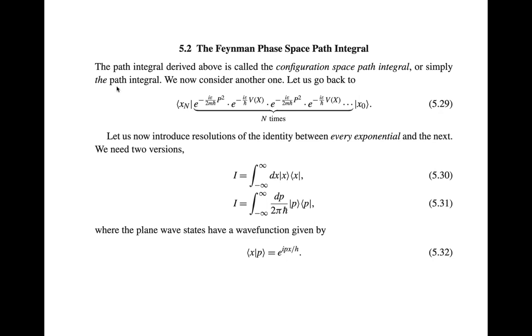So now we consider another one. Let's go back to this. This is basically U(x0, xN, T). This describes the propagation and the evolution from position x0 to position xN during the time period T, right? So let's now introduce the resolution of identity between every exponential and the next.